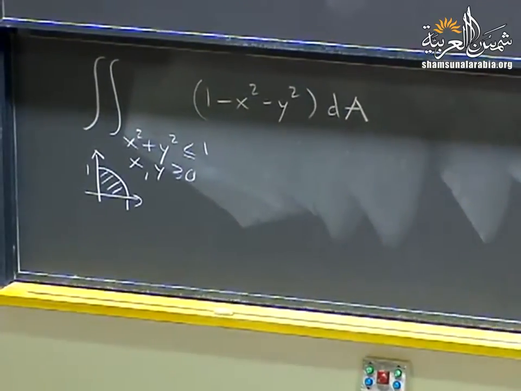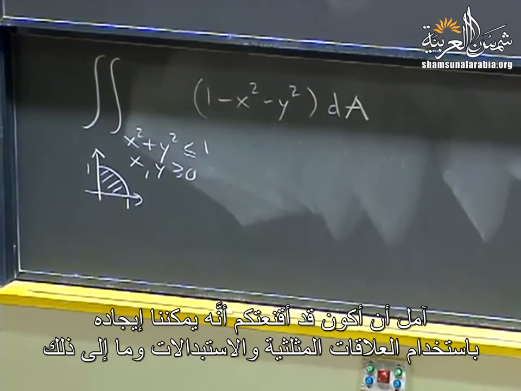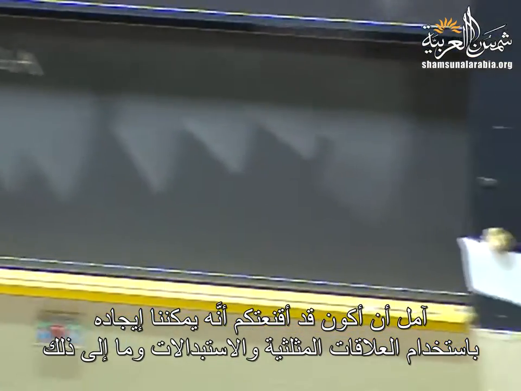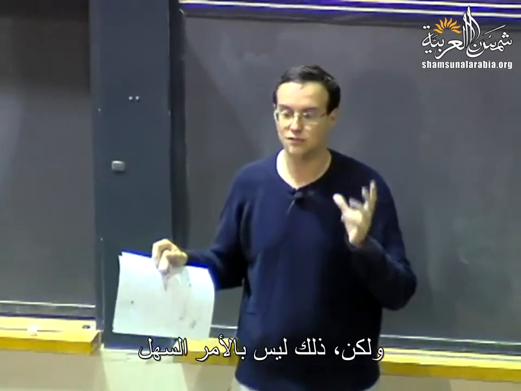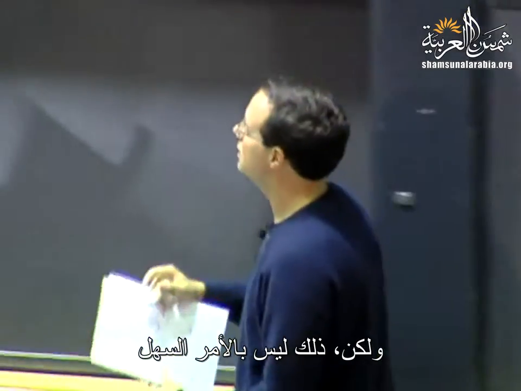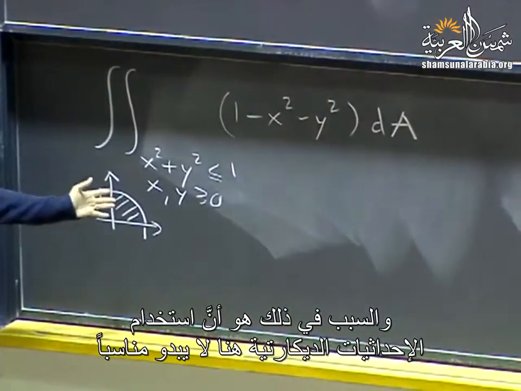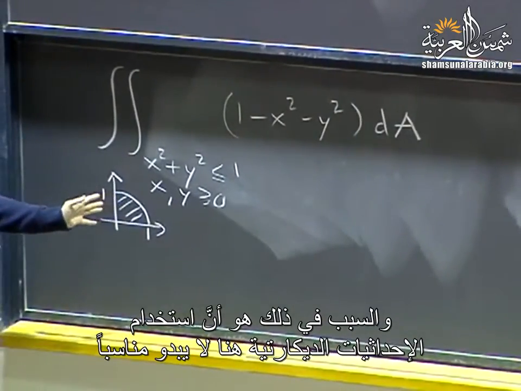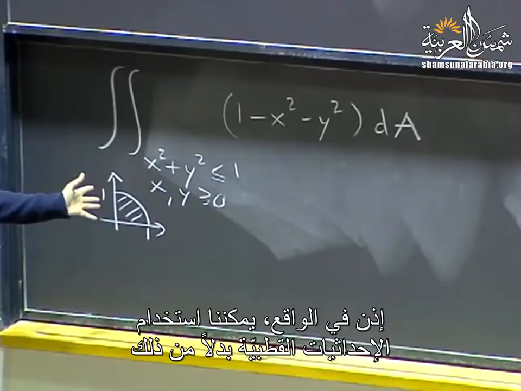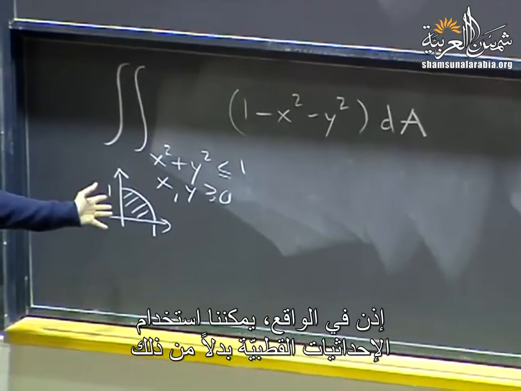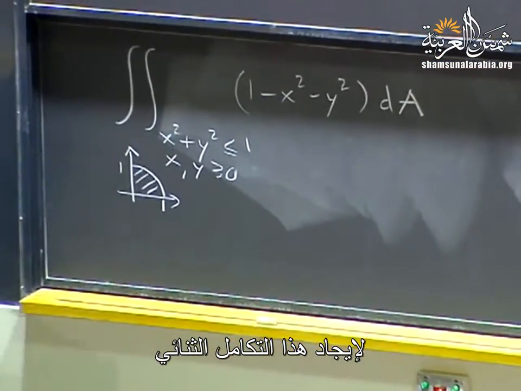And, well, hopefully I kind of convinced you that we can do it using enough trig and substitutions and so on, but it's not very pleasant. And the reason for that is that using x and y coordinates here doesn't seem very appropriate. So in fact, we can use polar coordinates instead to compute this double integral.